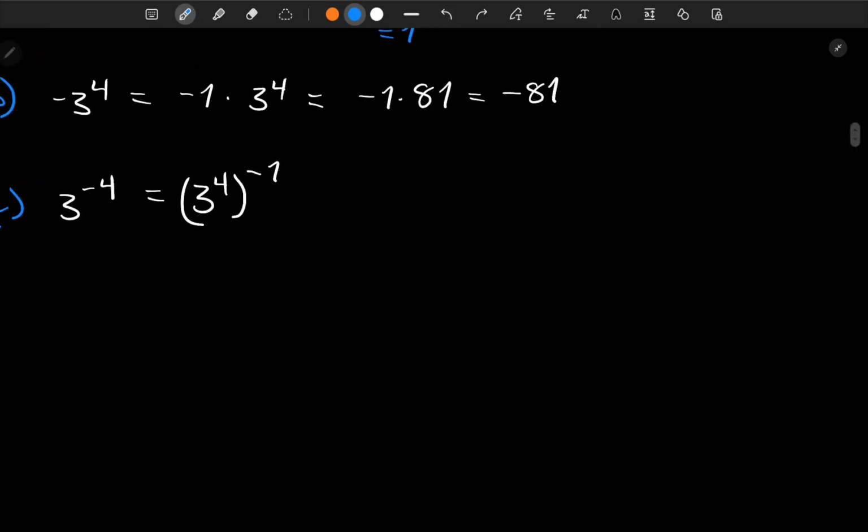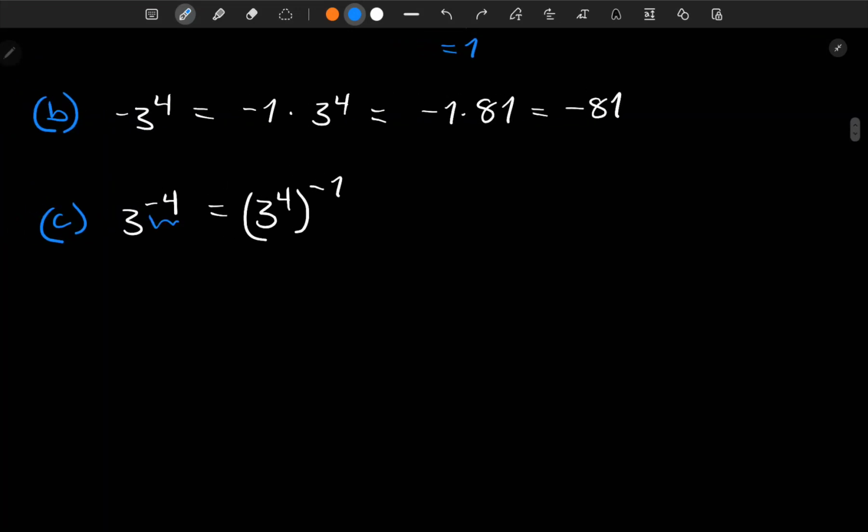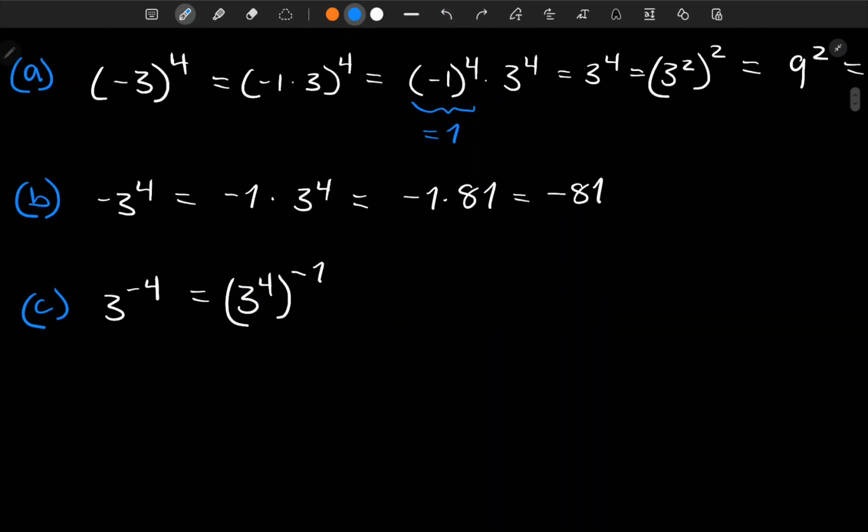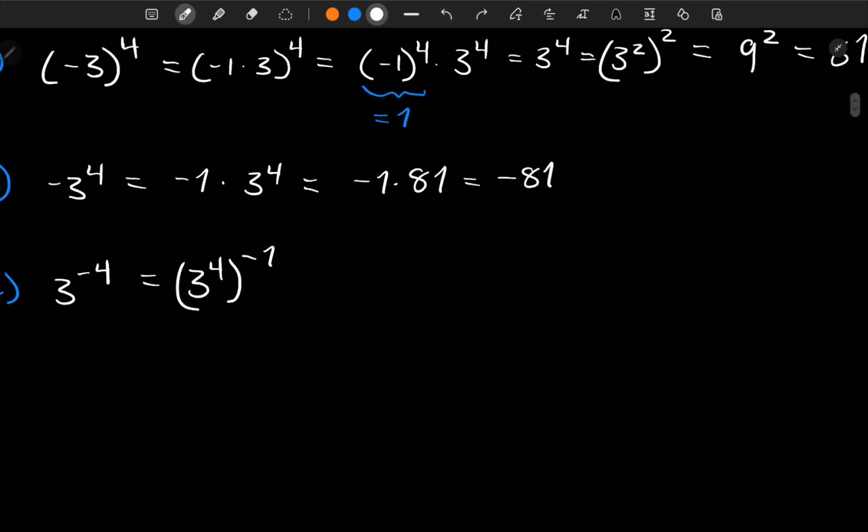So here, the true exponent is negative 4, and negative 4 can be decomposed into 4 times negative 1. So, as we had done above, we know that 3^4 is equal to 81. So this is equal to 81^(-1).